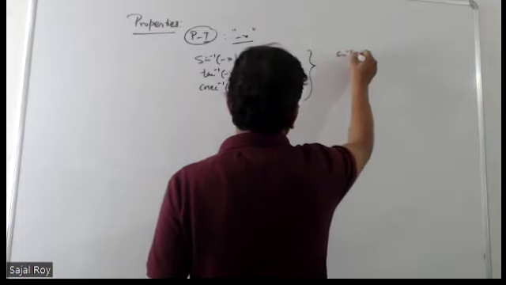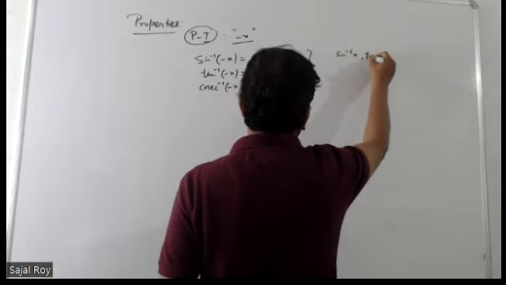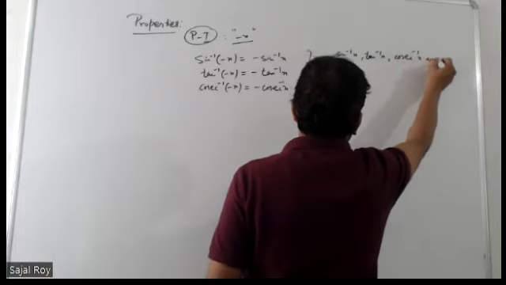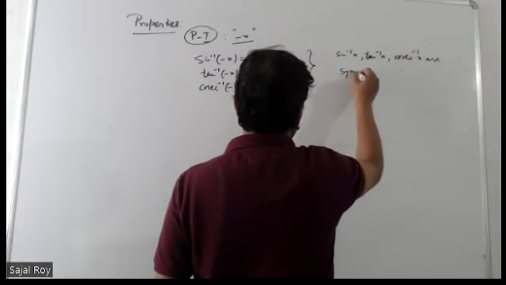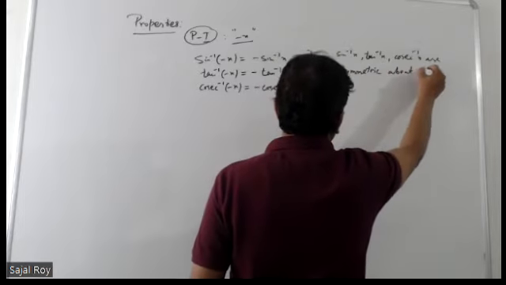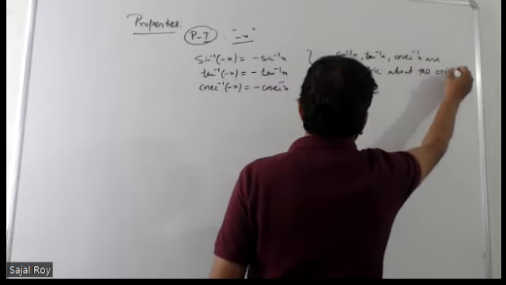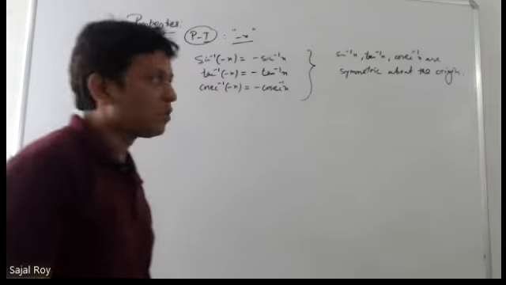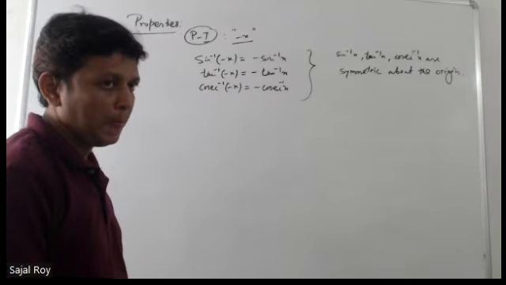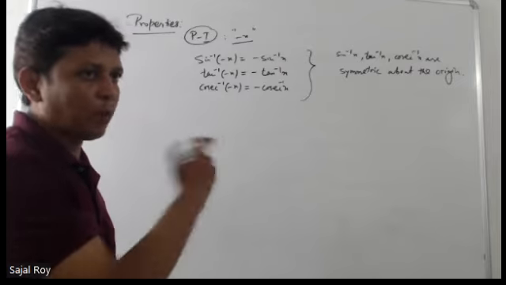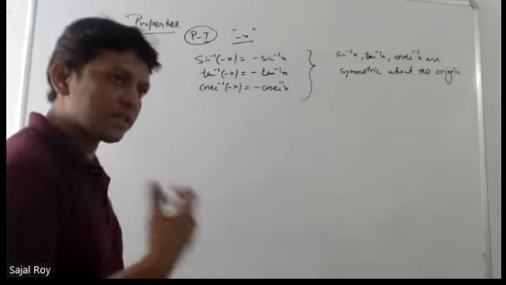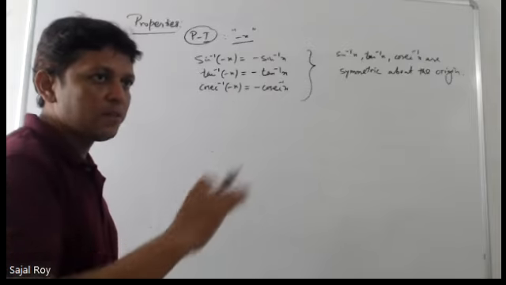Actually, sine inverse x, tan inverse x, and cosec inverse x are symmetric about the origin. So that is why this property. You check the graphs of sine inverse x and tan inverse x, all are symmetric about the origin.